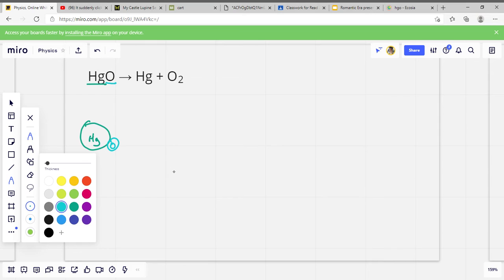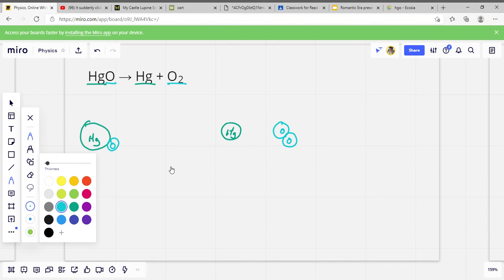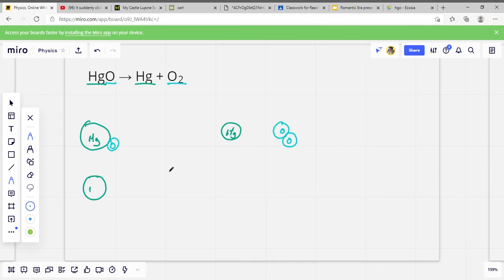Okay, and then to that we're going to get another Hg by itself, and then we've got O2, which is 2 oxygens connected together. We can tell we're not balanced because over here we have 2 oxygens and over here we only have 1. So we're going to have to do a whole other molecule with an oxygen connected. That gets our 2 oxygens, but we end up with an extra one of these Hgs.